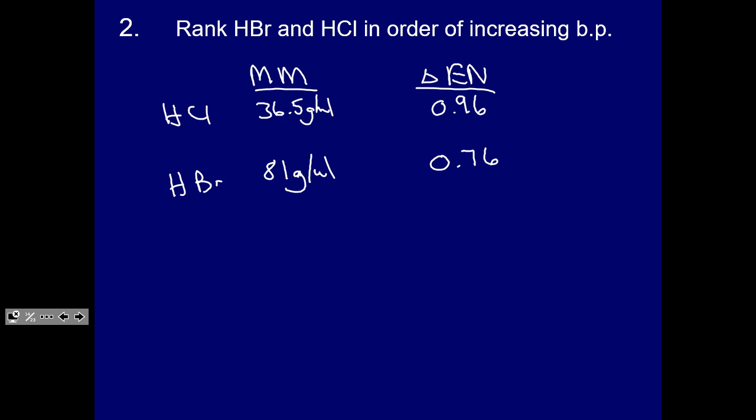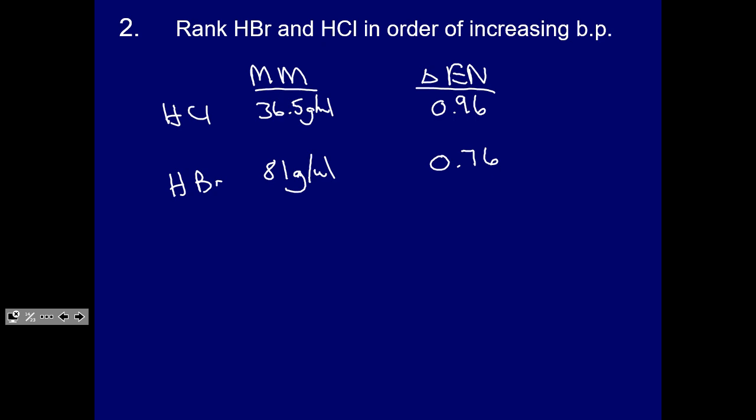All right, what do you think? Based on the delta EN, but then there's an effect here as well, right? So for something like this, I would expect, difficult to say, unable to decide. One has greater London forces, which would increase its boiling point.